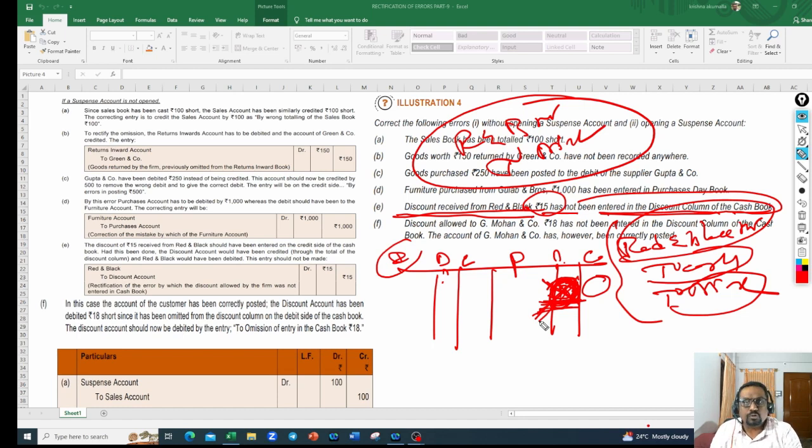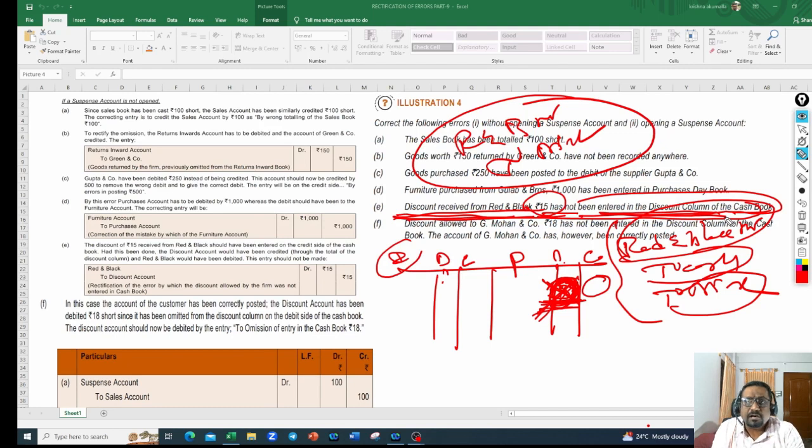If at all you wanted to say, no sir, it is correctly impacted in the personal account, Red and Black account, so I will give impact only in the discount account, you can say that. But if you wanted to say this is already correctly entered in the personal account, that should have been mentioned in our problem. What did they say here? Discount received from Red and Black, 15 rupees, has not been entered in the discount column in the cash book.